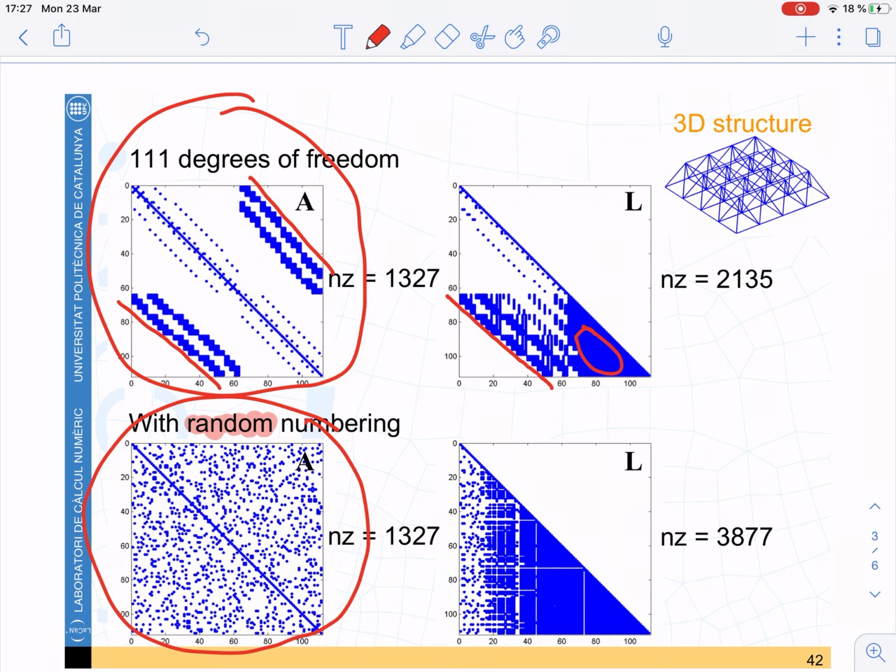Of course, the number of non-zero entries in matrix A is exactly the same because we are not changing the connectivity between nodes, we are only changing the node numbering, but the effect on fill-in changes a lot. We go from this number of non-zero entries to this number of non-zero entries, okay, with a much wider zone of fill-in.